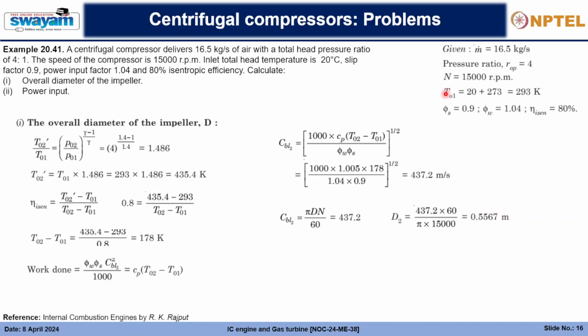That is the first part, the overall diameter of the impeller. The second part is the power input: P equals m into Cp into T02 minus T01, and that amounts to 2951.7 kilowatts.